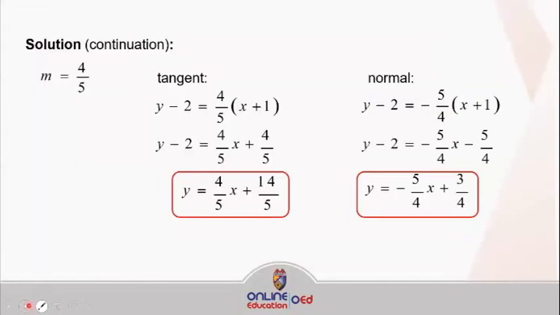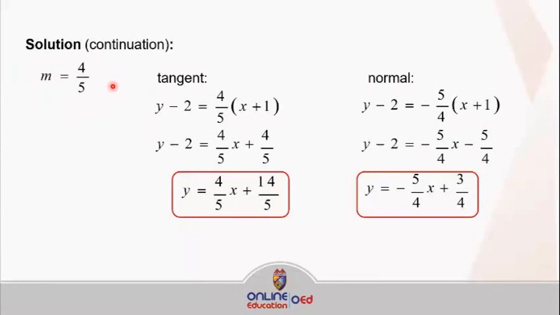And then after natin makuha yung value natin ng m, which is yung 4 over 5, we can also solve for the value of the tangent and the normal. So same lang naman ito sa formula natin. Again, to get yung value ng m, we have yung formula natin ng y2 minus y1 over x2 minus x1 natin, or yun yung formula for the slope.